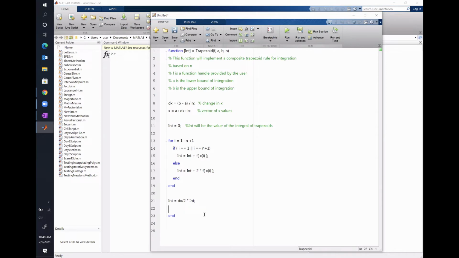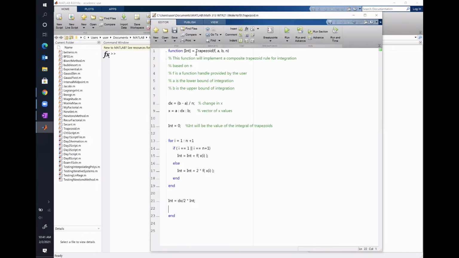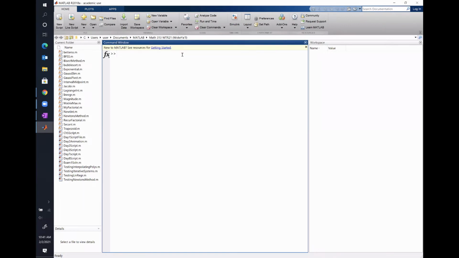Let's test it on our function that we just did by hand. Let's make sure we get the same thing if we use it on our function that we did by hand. Let's see what happens. So let's save this as trapezoid.m. We'll minimize it, create a new script file.